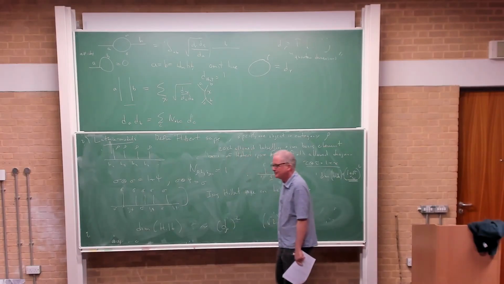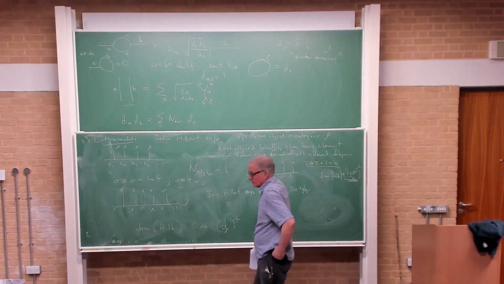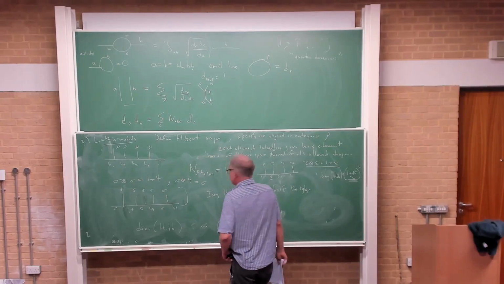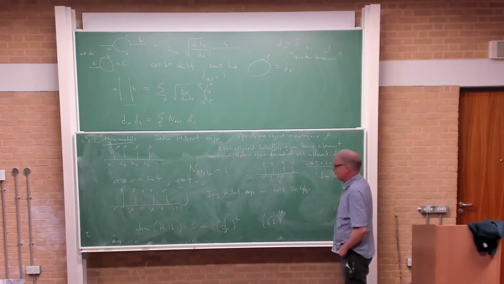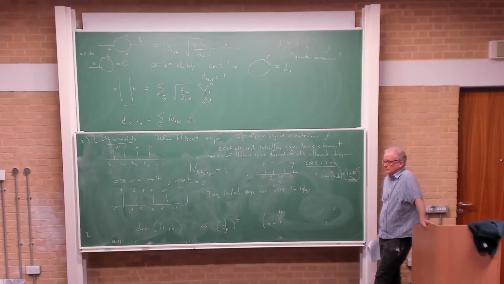Try and re-ask the question. Here it's clear that it's a map to an on-site Hilbert space of dimension 2. Here there's no such map. That's right. Are you going to struggle when you try to write down local interactions here? I'm doing that next.